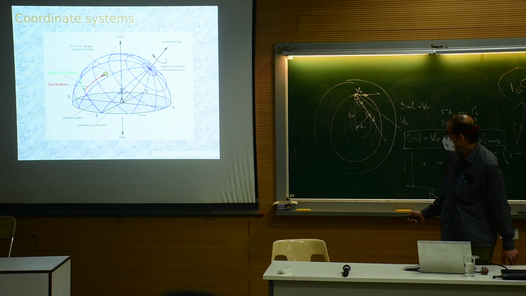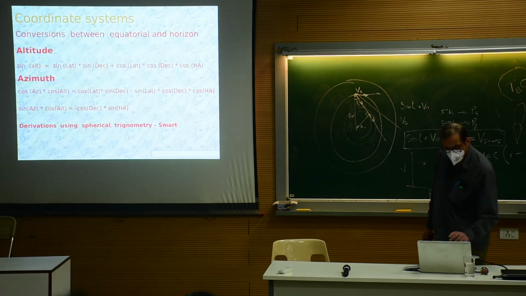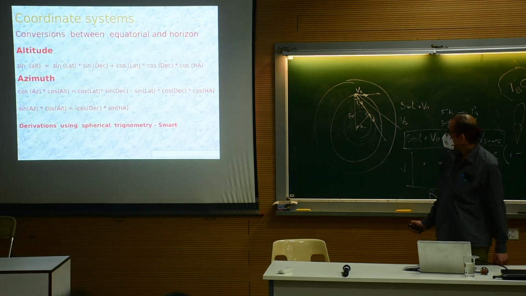So this is the celestial equator shaded, and then the ground plane is this one. That is the pole star direction. This is the local zenith. RA equal to 0 is the prime meridian, then the right ascension and the declination, and how it translates. This is the formula which connects it.